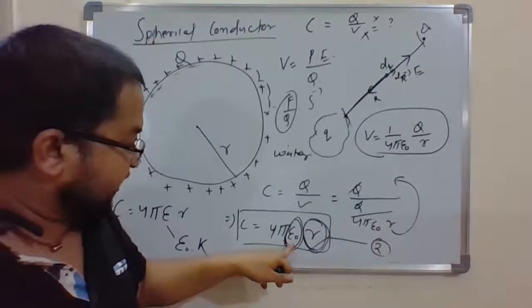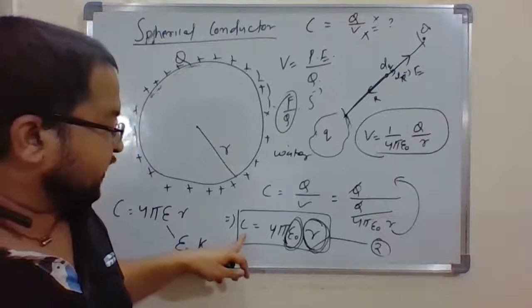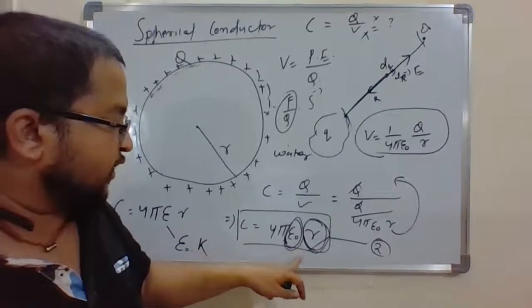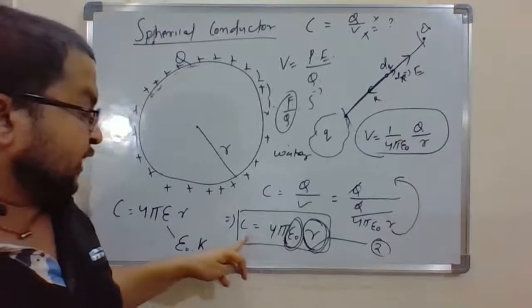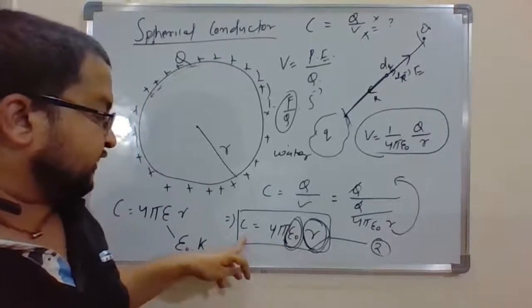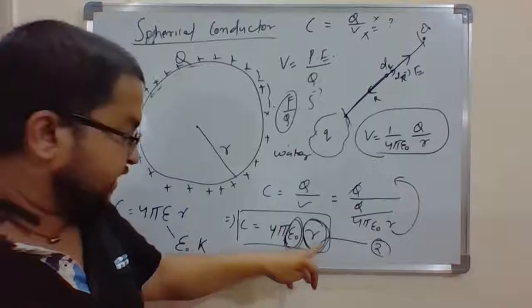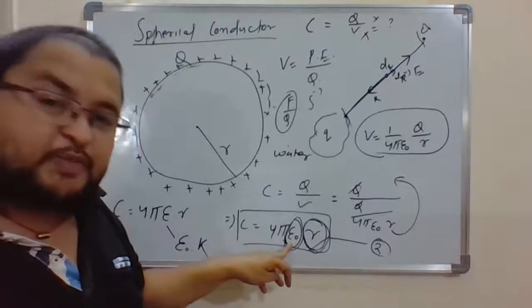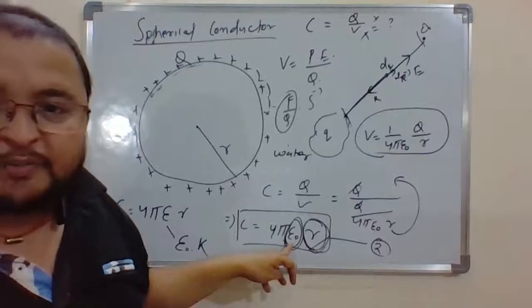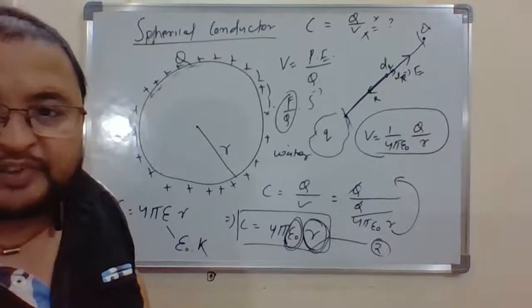So if you see here, C equals 4 pi epsilon naught r, and this concludes that capacitance depends on the radius or dimension, and on the medium, or the permittivity.